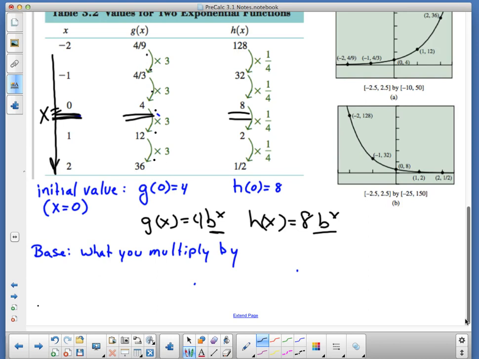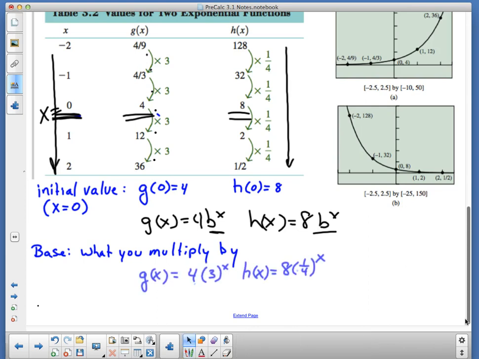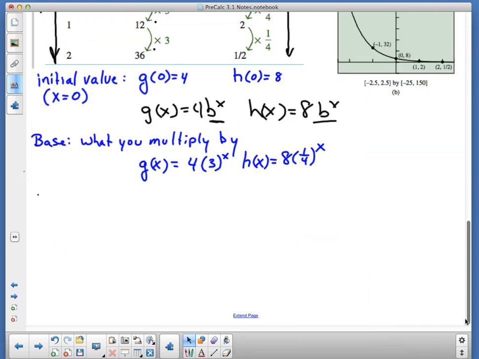And here, as I go along, I'm actually decreasing or making my function smaller by a fourth. I'm dividing by 4 or multiplying by a fourth. So that allows me to find my b values. So I have my a's and my b's that I can use to actually write the function from a list of coordinates.